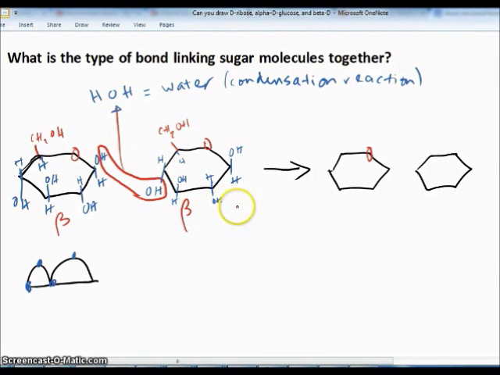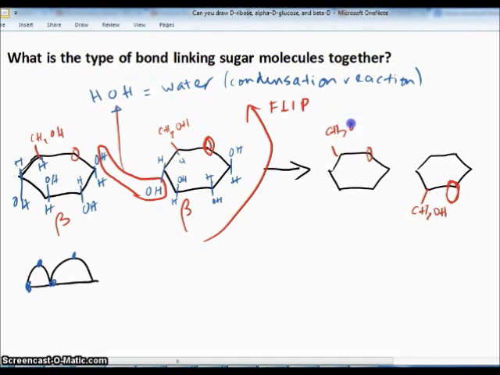The second molecule, in order to be close, will have to flip. And when this molecule flips, this O used to be here, is going to be flipped downward over here. Then the CH2OH group, instead of being up here, is flipped down. Now the first molecule stays exactly the same, just the CH2OH group here.